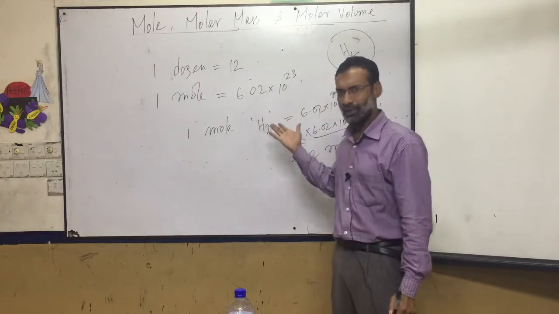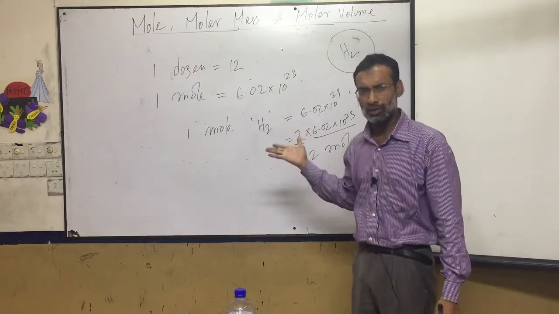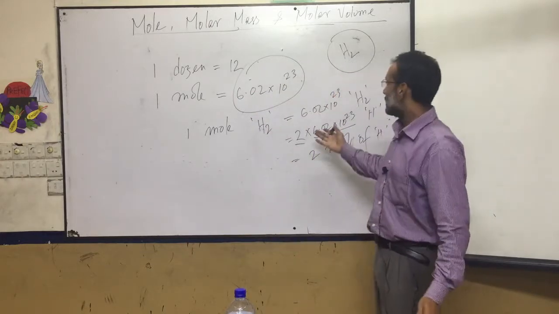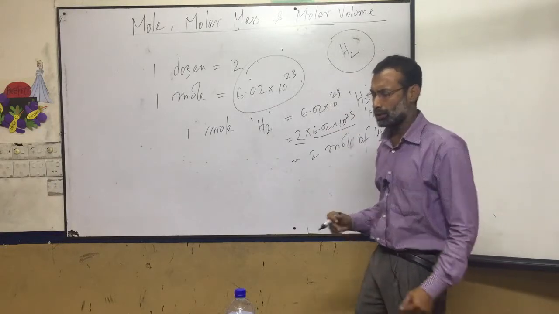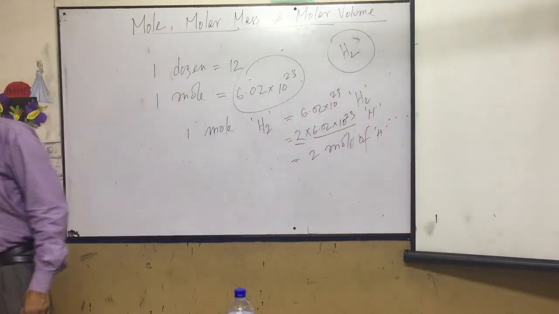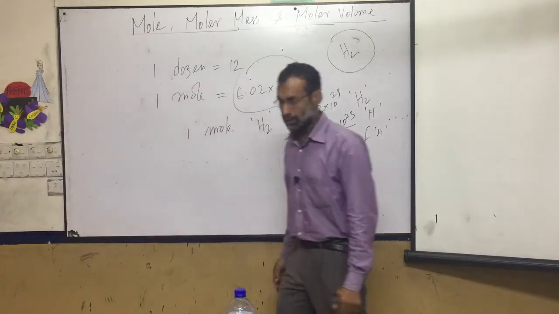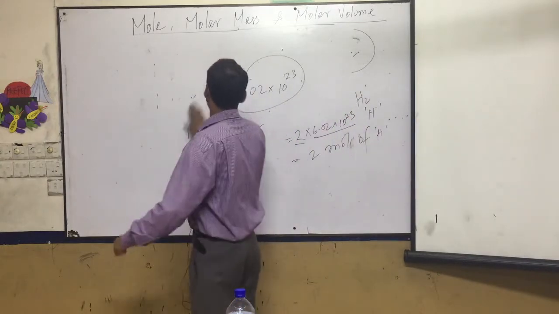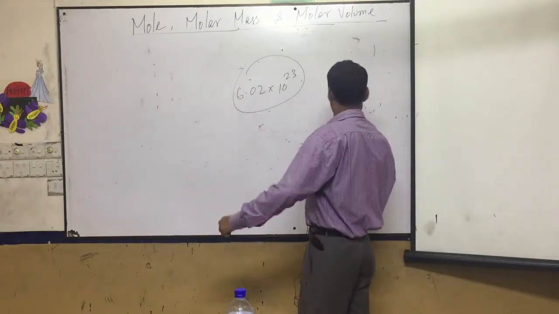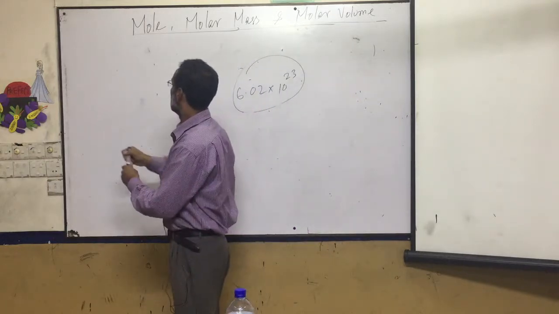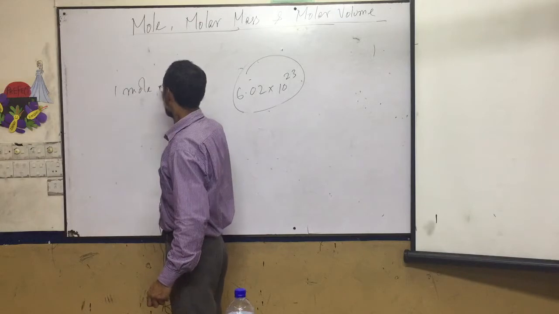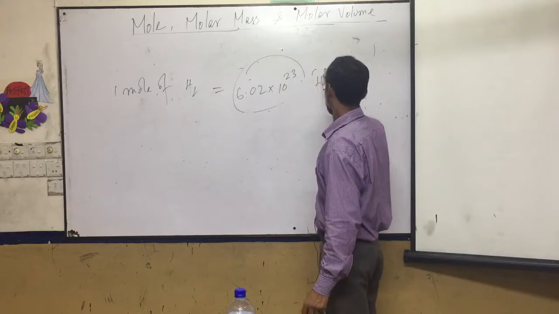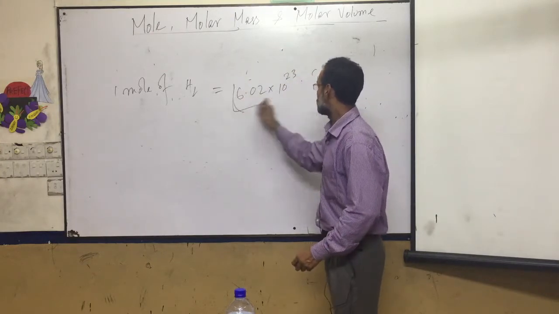Here let's apply the same concept to this number of molecules. As you see, this number of molecules is 1 mole of hydrogen. One mole of H2 equals this number of H2 together.